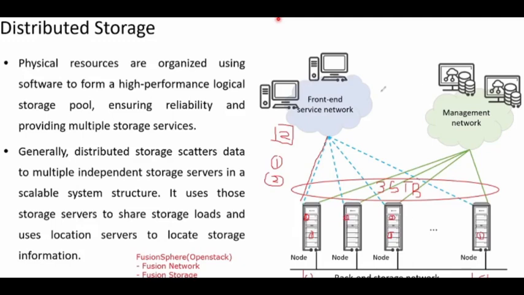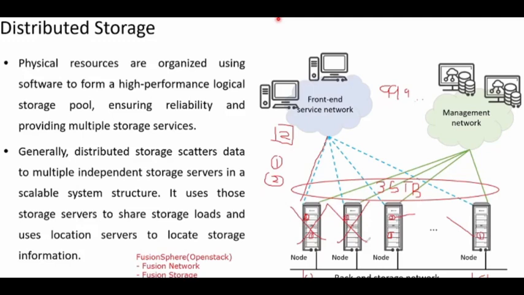This is how you achieve the 99.9999999% availability, right? Because as long as your data is located in one of the physical storages, even if this storage goes down and this storage goes down, you can still find data 2 and data 1 here.